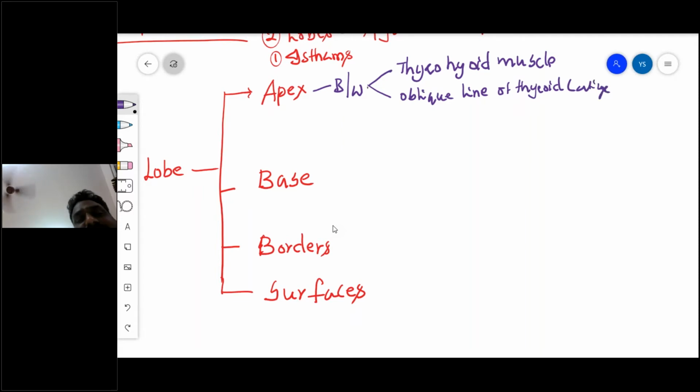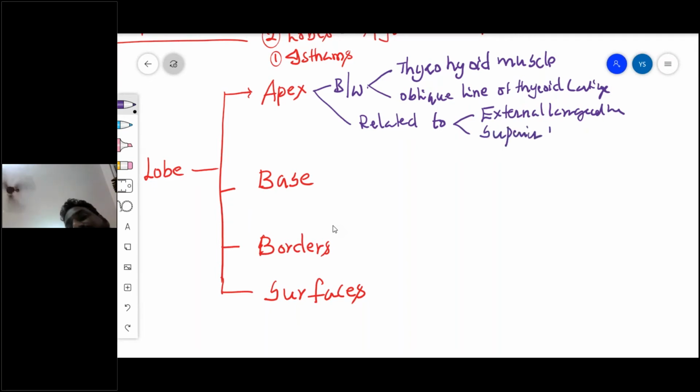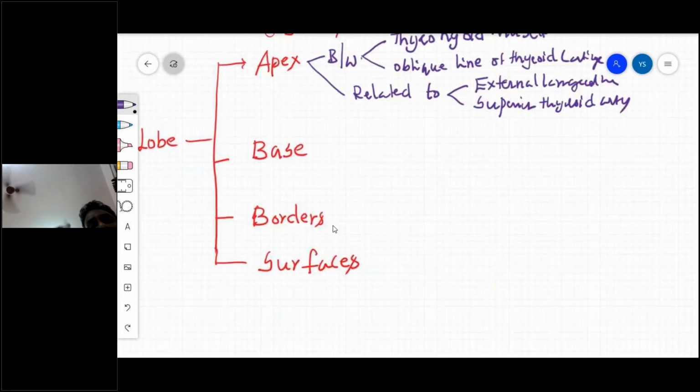And related to apex: the external laryngeal nerve and the superior thyroid artery. So these are the relations of the apex.